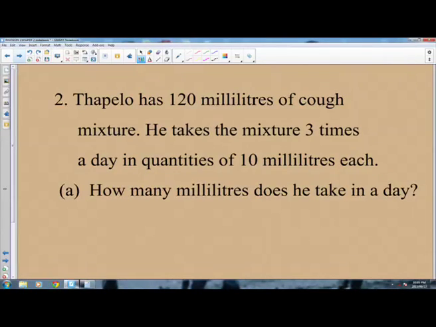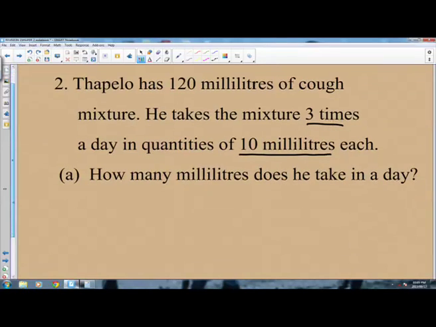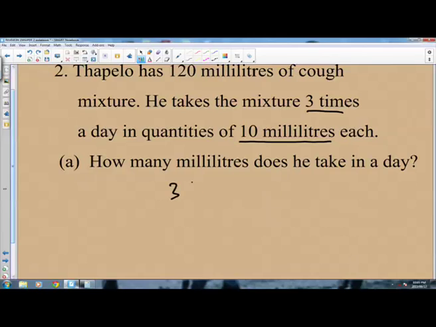He is taking it 3 times a day in quantities of 10 milliliters each. So this is simply 3 times 10, giving us 30.